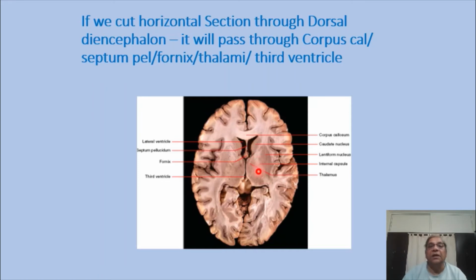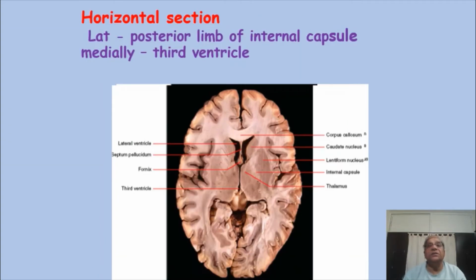The posterior part of the thalamus is free, overhanging the superior and inferior colliculi. This is the anterior end of the hypothalamus. So just remember this structure and we will see further in the next section.